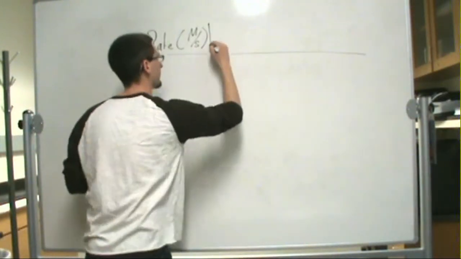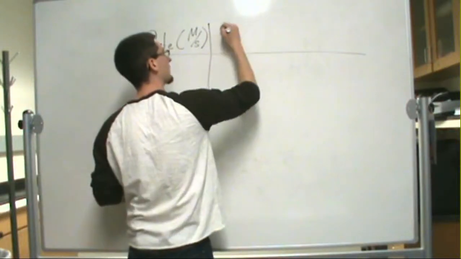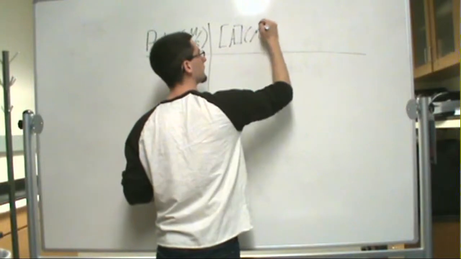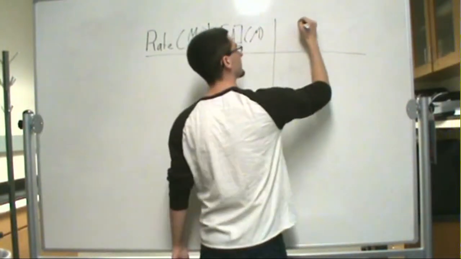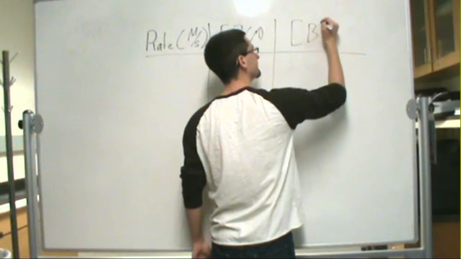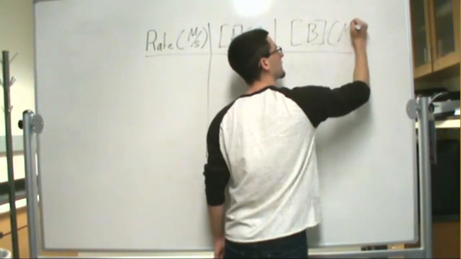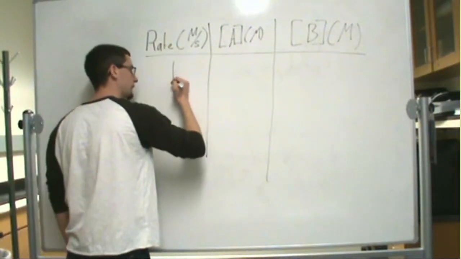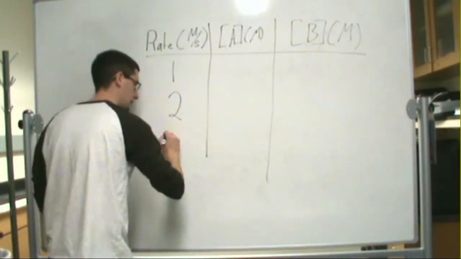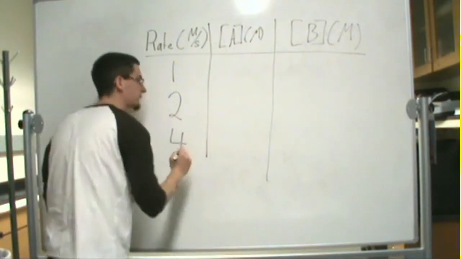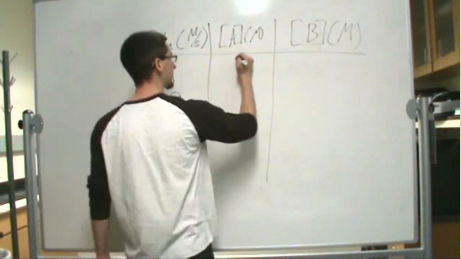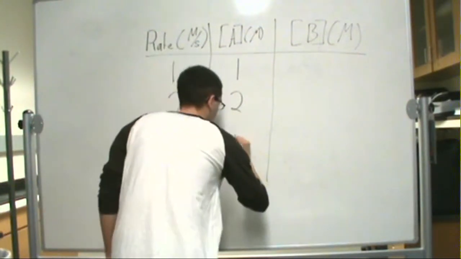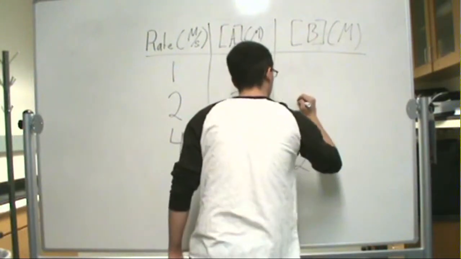They monitor the rate as a function of the concentration of A, which is usually a molarity, and the concentration of B. I'm going to come up with some fictitious numbers to make the math a little bit easier, so hopefully we can understand more about the chemistry that's occurring and not so much about the mathematics. We will have to go into detail on some of the mathematics in a moment, though.